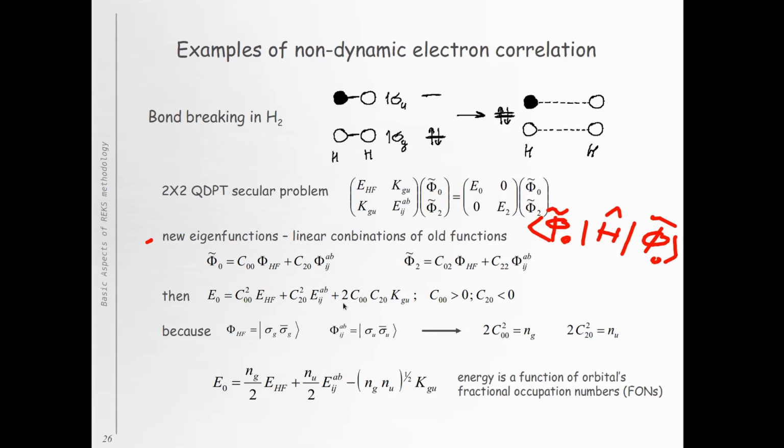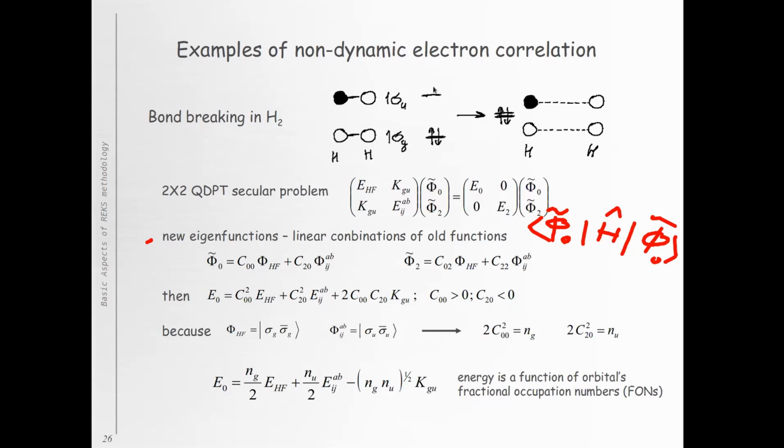And because the electronic configurations have fixed occupation numbers, 2 in sigma u or 2 in sigma g, I can associate these weights with fractional occupations of orbitals, as if these two orbitals were fractionally occupied.